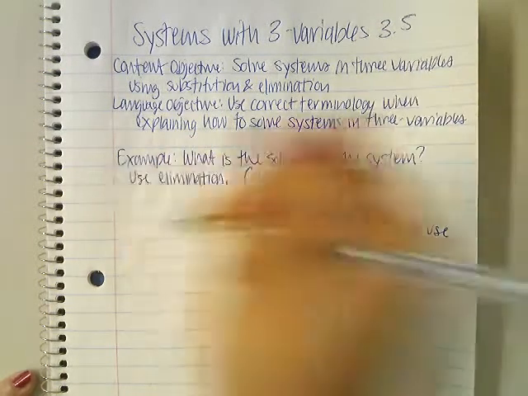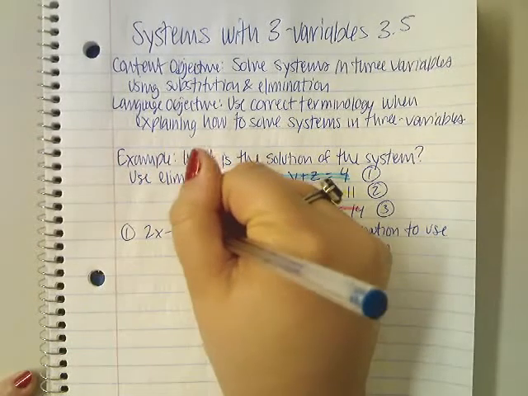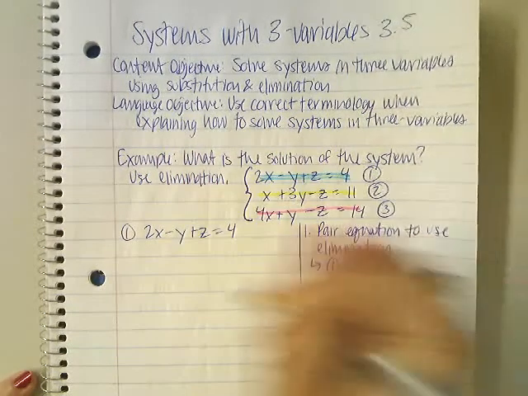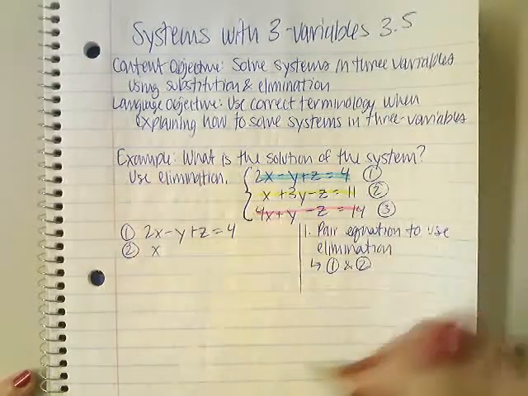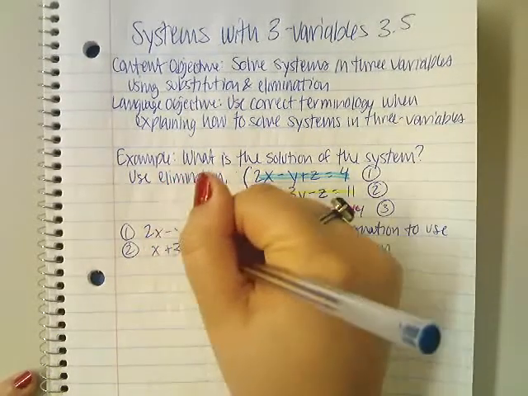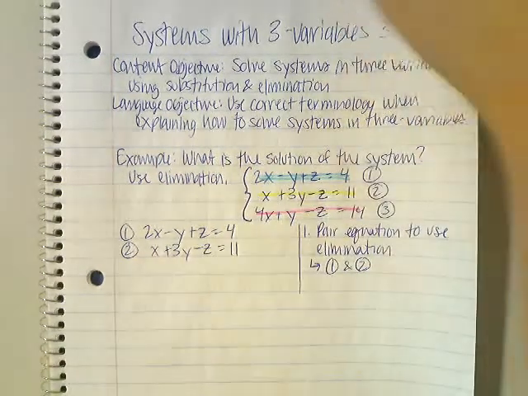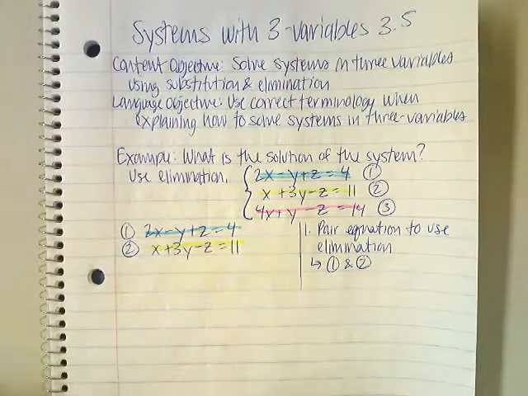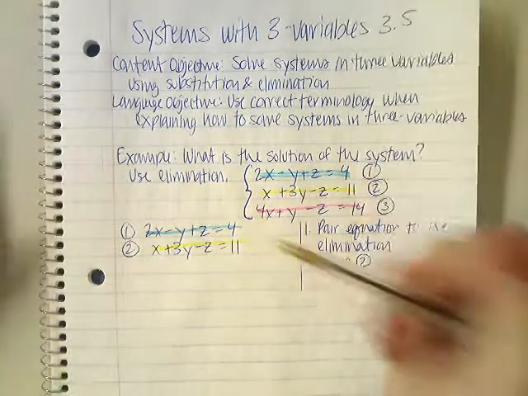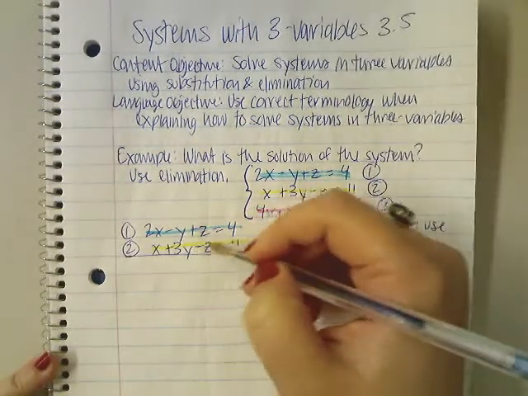So 1 is 2x minus y plus z equals 4, and equation 2 is x plus 3y minus z equals 11. 1 is blue, 2 is yellow. I'm using these 2 equations because I can see right away that the z's are going to cancel. So I'm choosing these 2 strategically because the z's would cancel.